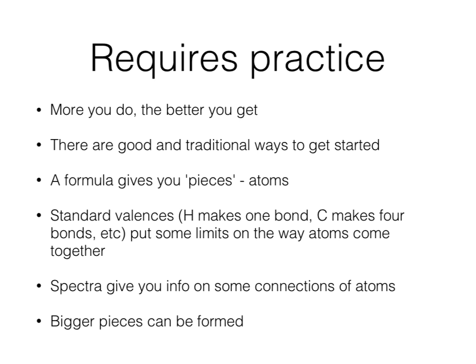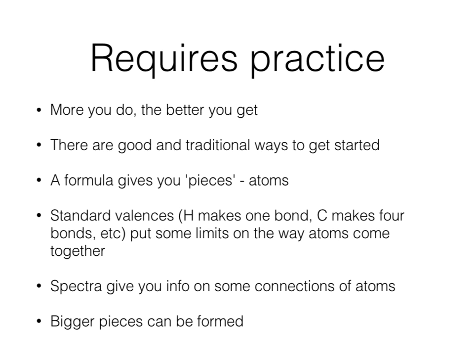Keep in mind what we're doing. The formula gives you a whole bunch of atoms, and they have to come together somehow to give you a structure. The standard valencies, to use an old-fashioned word, which you're aware of, that hydrogen only makes one bond, carbon generally makes 4 bonds, put some limits on the way the atoms come together, but if the formula has a reasonable number of atoms, you're going to have a lot of possibilities, and you can't just examine all of them.